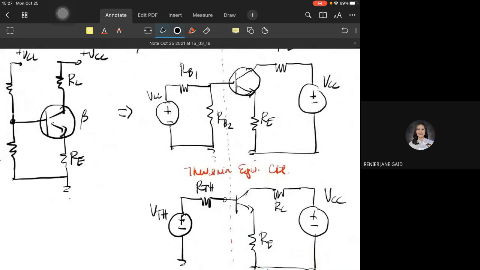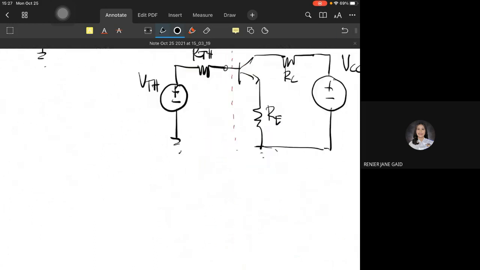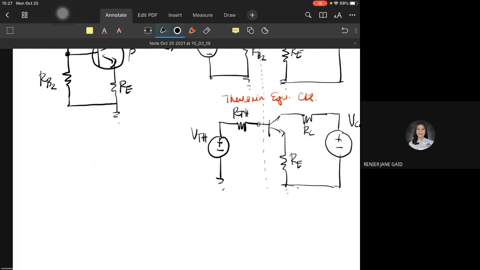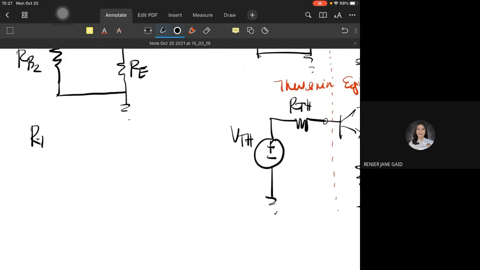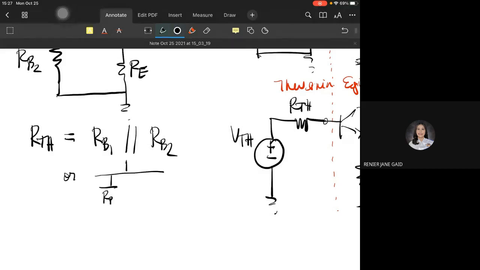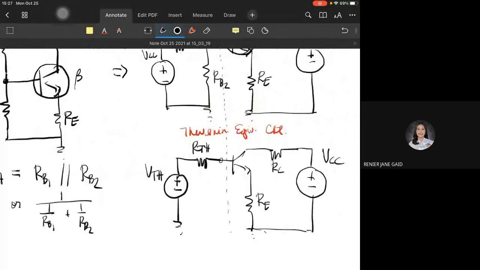So RTH, looking into this portion right here, is just equal to RB1 parallel RB2, or 1 over 1 over RB1 plus 1 over RB2. So that is the formula for RTH.